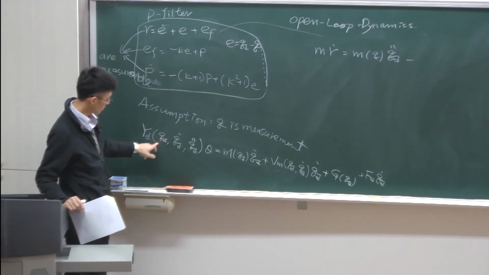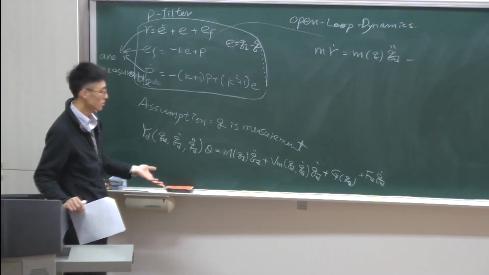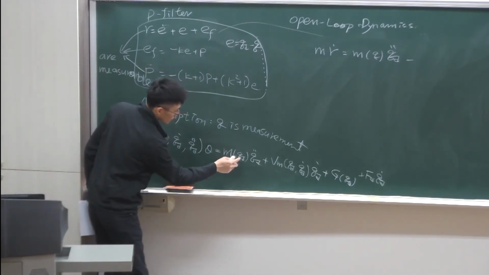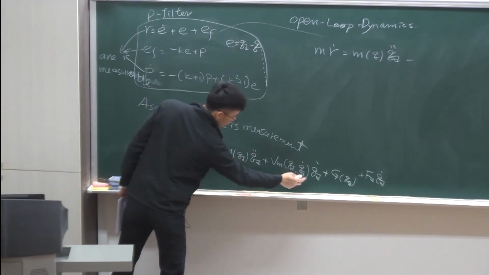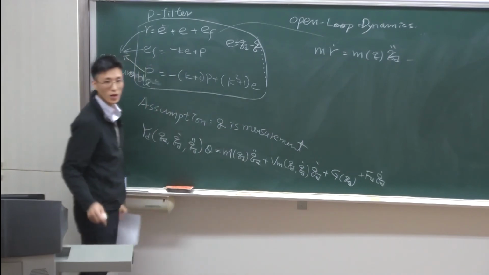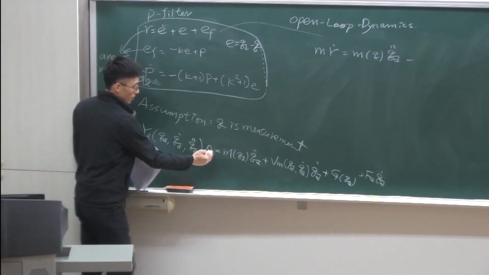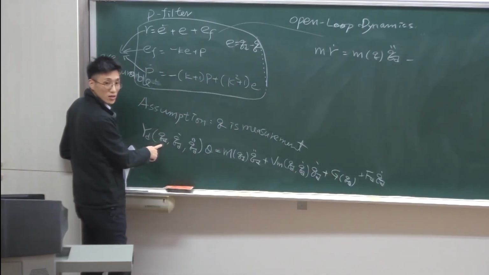If you replace Q by QD, meaning along the desired trajectories, then you can replace every argument Q by QD. It is equal because we try to approximate this dynamics along QD, along the desired trajectories.